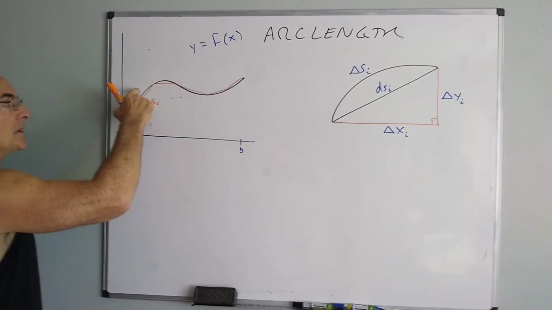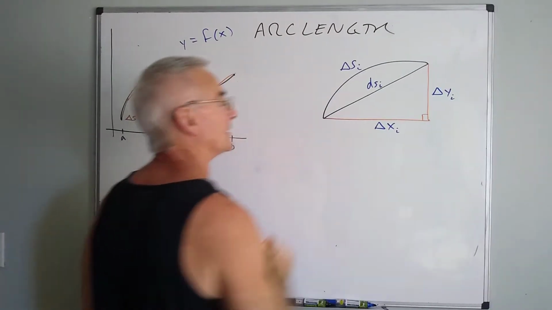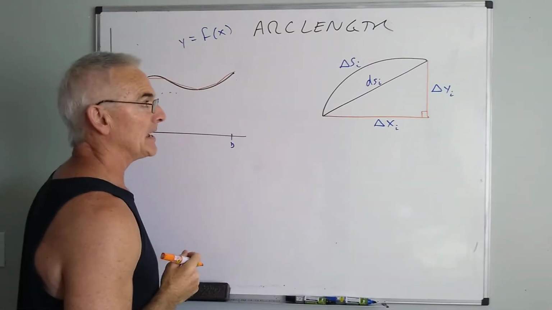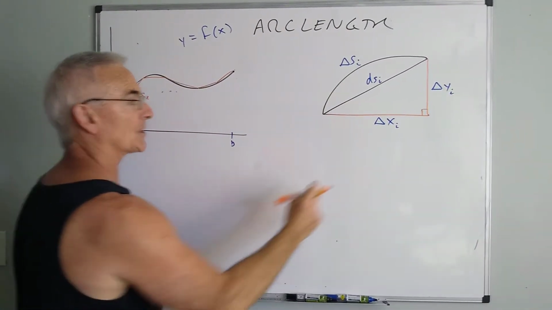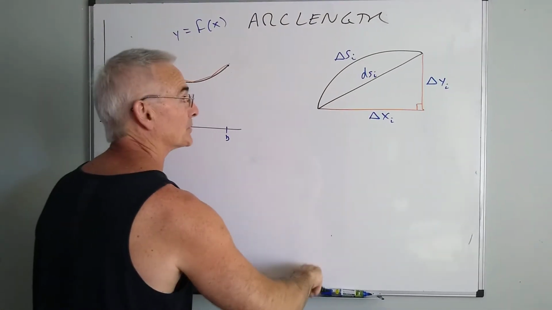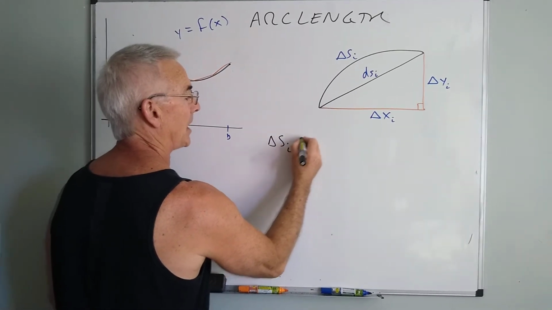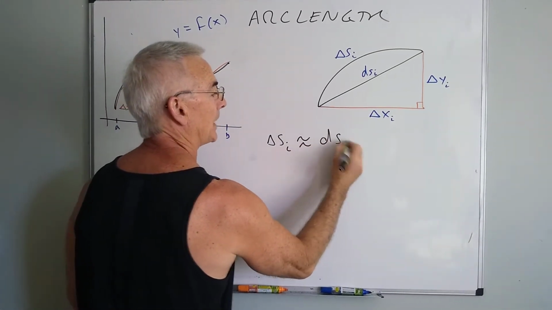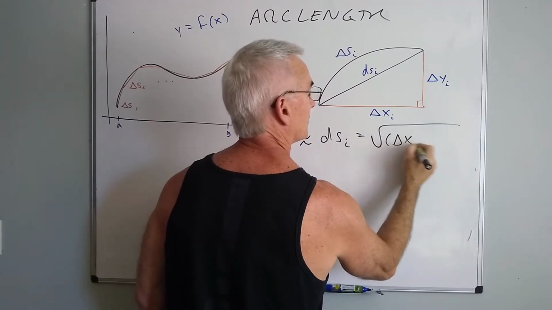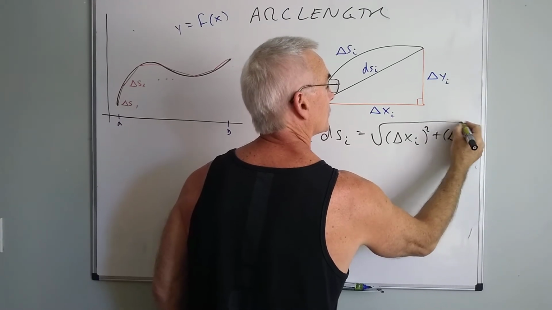Now, if I take one of these and I blow it up huge, this is the thing that I want to find. I'm going to estimate it with the line segment itself. Now this will form a right triangle, so let's call the change in x and the change in y the pieces, and I would establish a very simple relationship here. And that is that delta Si can be estimated by dSi, which would simply be the sum of the squares under the root.